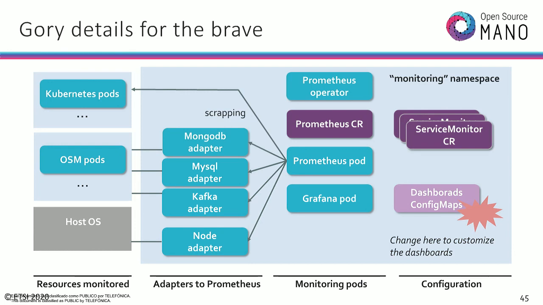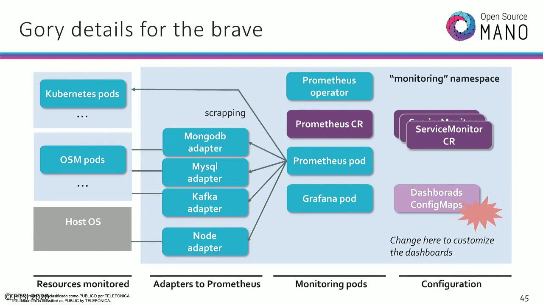This Prometheus instance gets information from the exporters that adapt the format of the information as required by Prometheus. The interesting thing is that the configuration of this Prometheus is created, let's say, on the fly, by the Prometheus operator component.